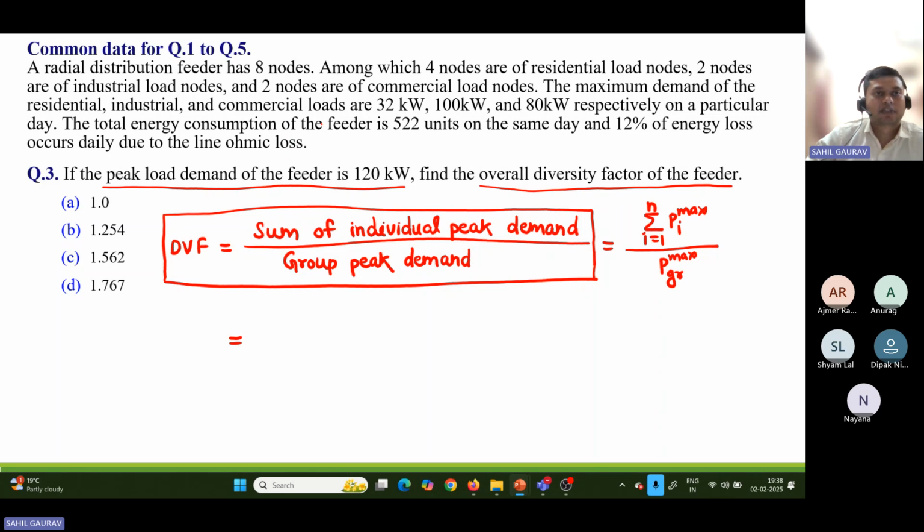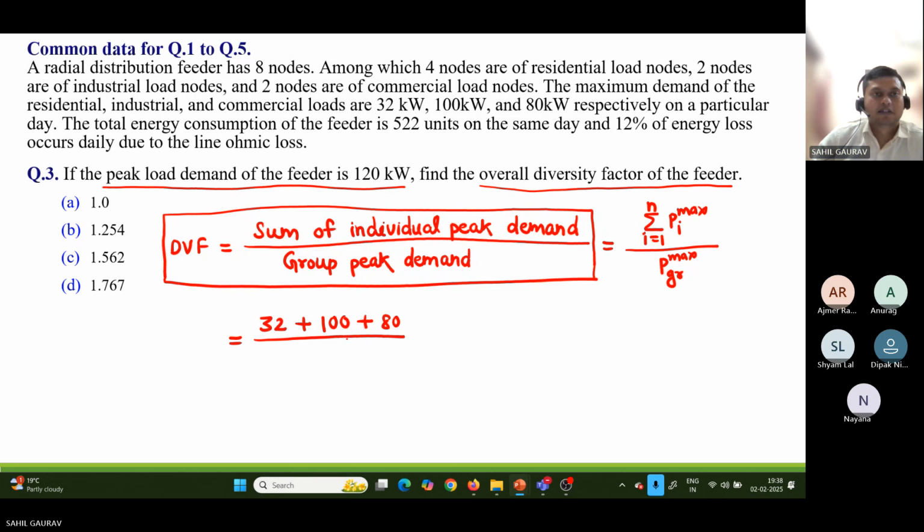For residential load, the maximum demand is 32 kilowatt. For industrial load, we have maximum demand of 100 kilowatt. And for commercial load, maximum demand is 80 kilowatt.